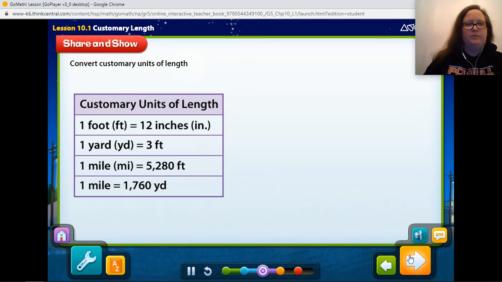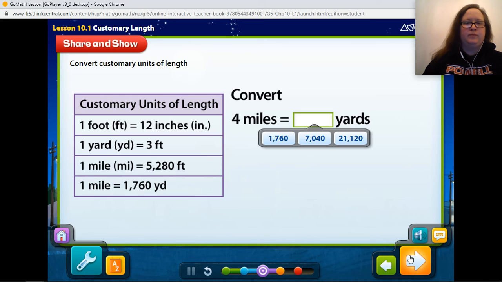Let's compare, contrast, and convert customary units of length. How many yards are there in 4 miles? Select your answer. So we have to multiply 1,760 by 4.